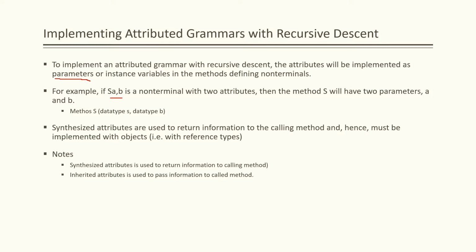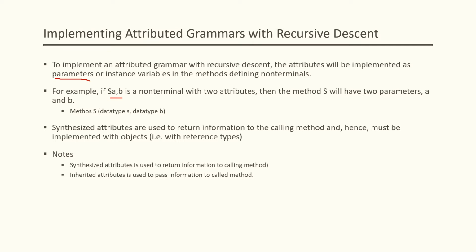So A and B must be in the form of subscript. Okay. So S is a non-terminal, A and B are attributes. If you still remember, any non-terminal will be implemented as a method in a recursive descent.